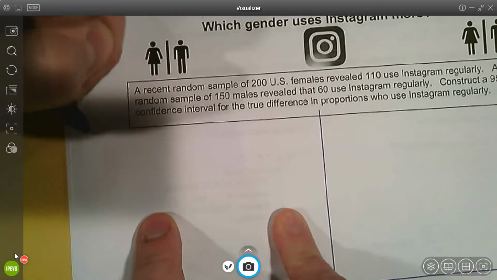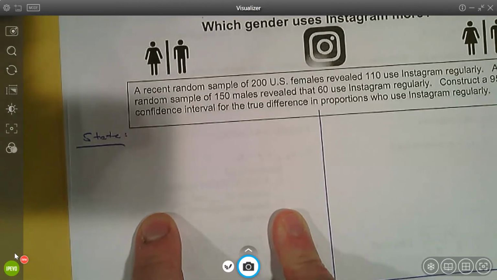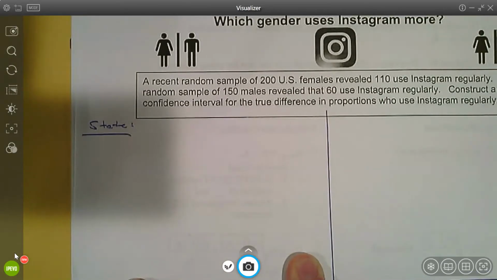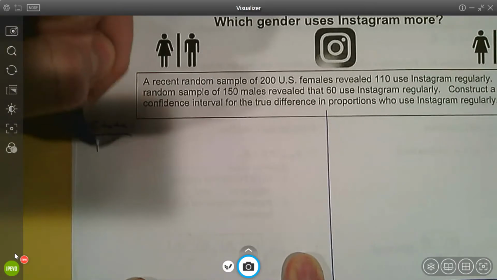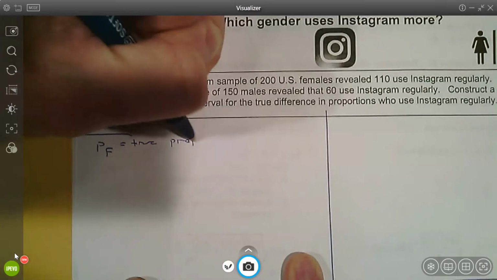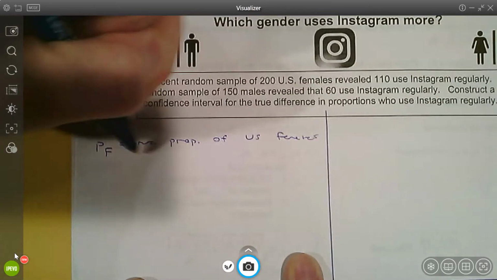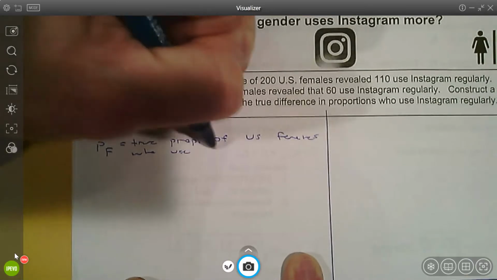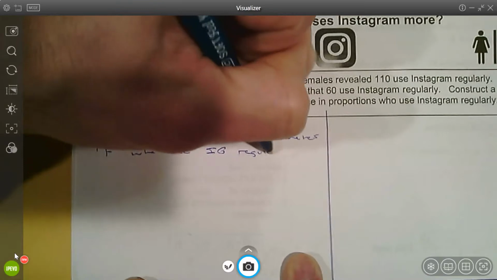So for the state step, I'm going to identify the parameters. So what I would suggest doing is pause the video, figure out what the parameters are, write them down, or verbally to yourself think about what they are, and then come back once you think you have them and check in with me. So we have PF, and this is the true proportion of US females who use, I'm just going to abbreviate Instagram, IG regularly.